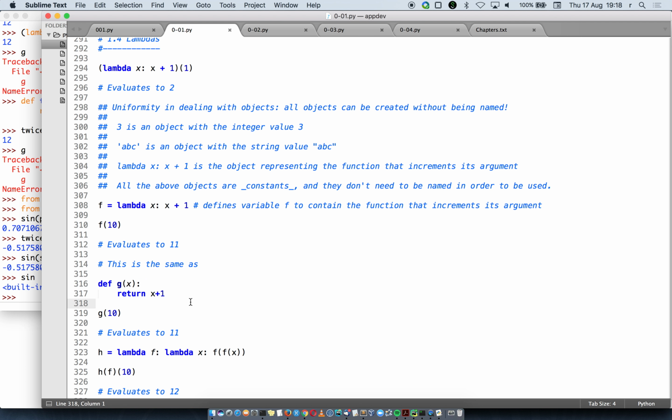So if I decide to say g equals lambda x plus 1, these two definitions of g are indistinguishable later, right? From the value of g, you cannot tell how they were defined, whether one was defined as a def and the other was defined as a lambda. Okay? They behave exactly in the same way.